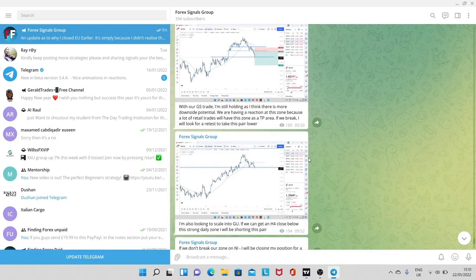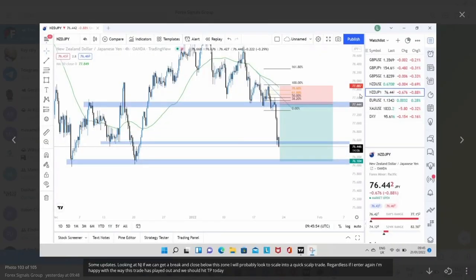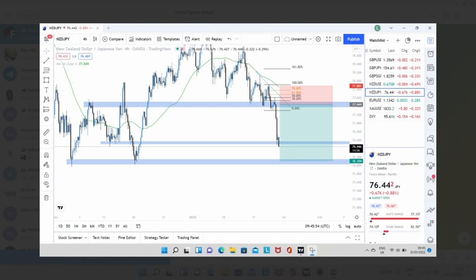The other trade was an NZD JPY trade, and this one was so beautiful. Don't worry too much about the analysis because it's quite complicated.